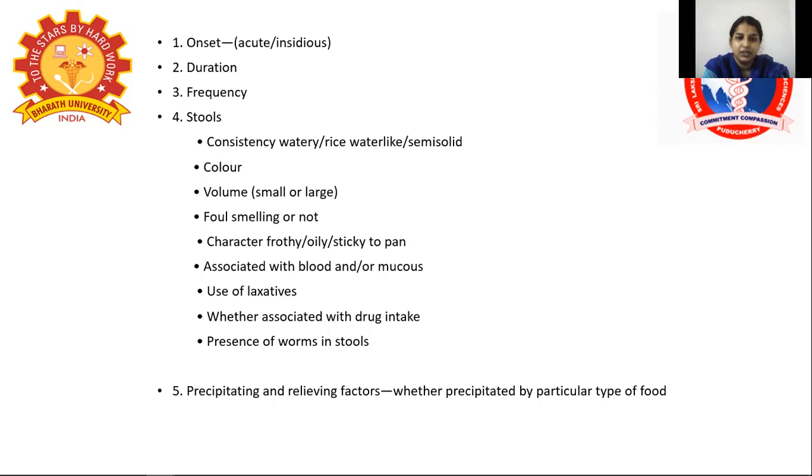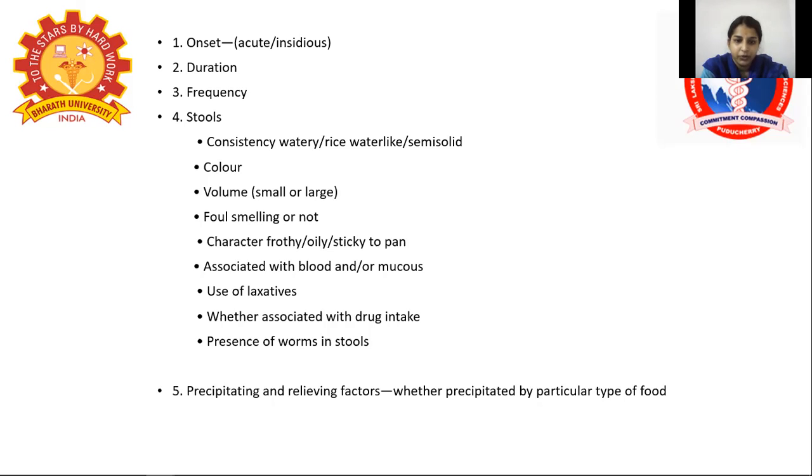Color: it can be mixed with blood, or it can be rice watery white in case of cholera. Volume, whether it is small or large, is useful to differentiate between small bowel and large bowel diarrhea. Foul smelling or not. Character: if it is frothy, oily, or sticking to the pan, it can indicate something like cystic fibrosis in the child.